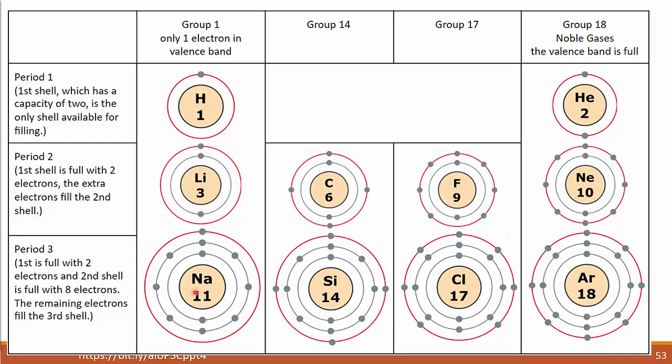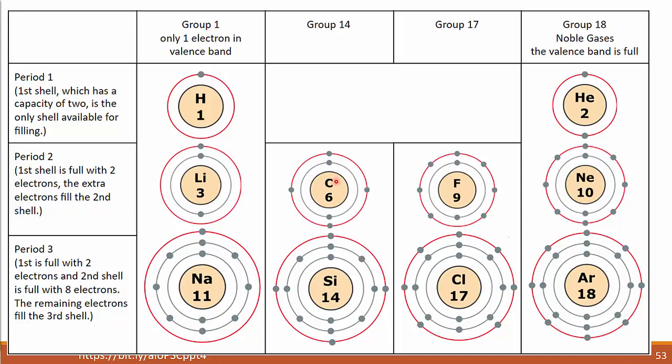Sodium has an atomic number of 11. 2 in the first shell, so it is full to capacity. 8 in the second shell, it's again full to capacity, so 2 plus 8, 10. The remaining 1 is in the outermost shell, the valence band, so it has only 1. That's why all 3 here are in group 1.